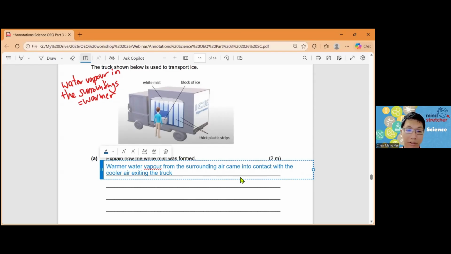So they came in contact with the cooler air coming out of the truck. Then they lost heat and condensed to form tiny water droplets, which appear as the white mist. Okay.